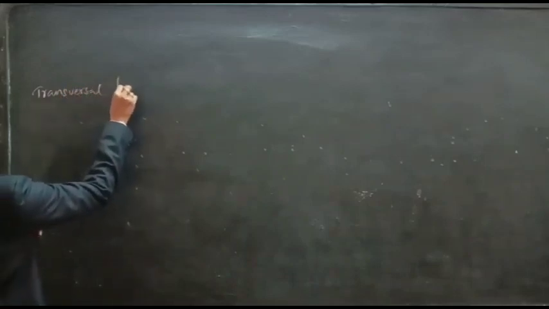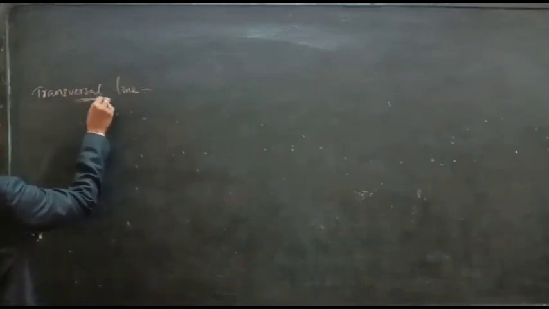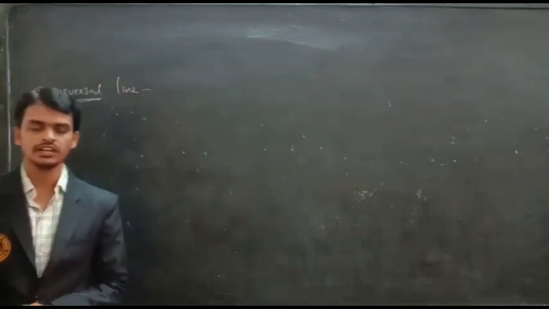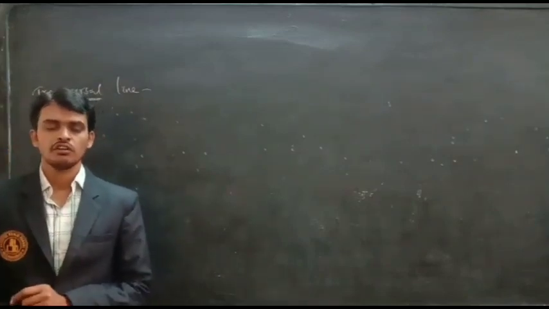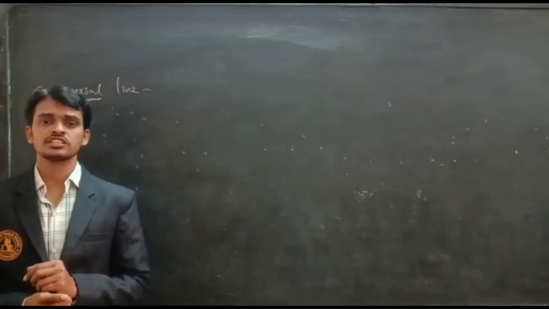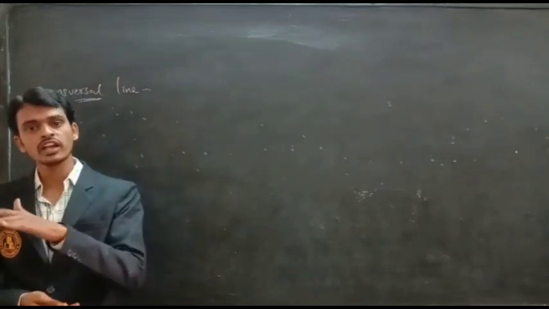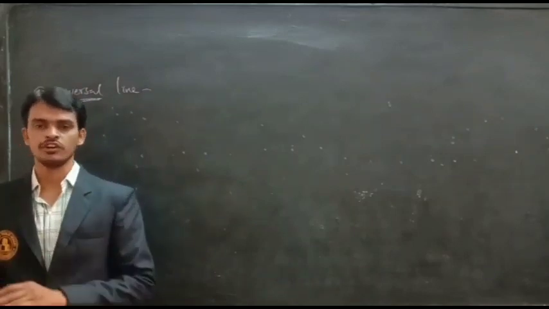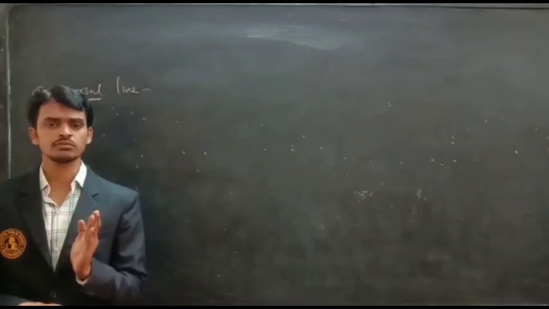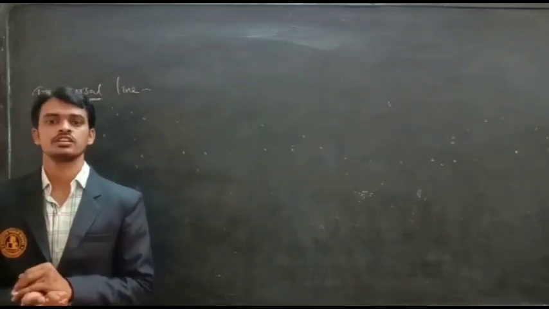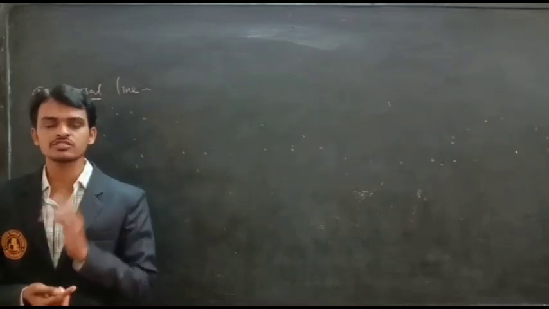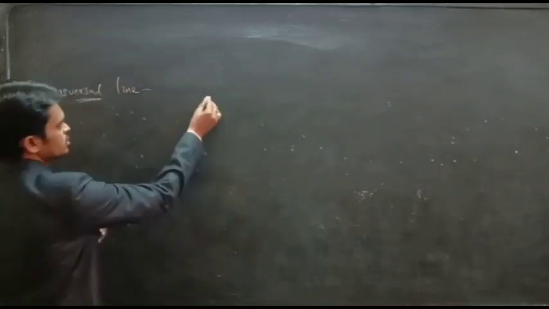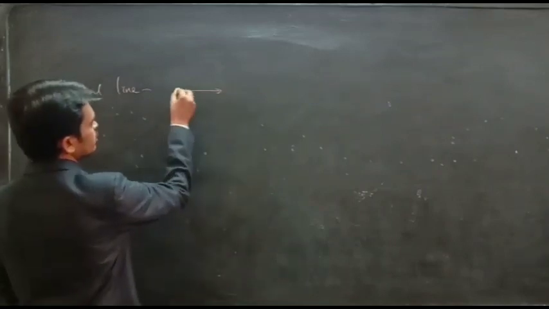Transversal line. The definition of a transversal line: a line which intersects two or more lines at distinct points, nothing but at different points, is called a transversal line. So this is the diagram of a transversal line.